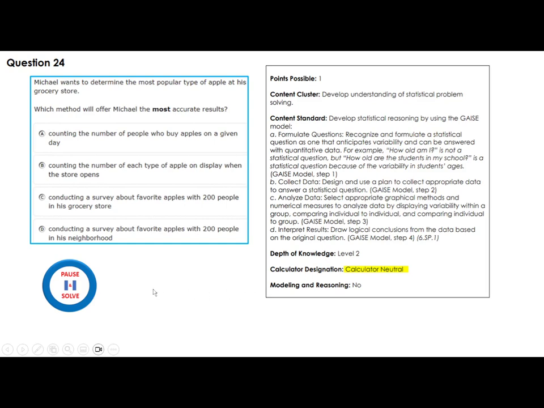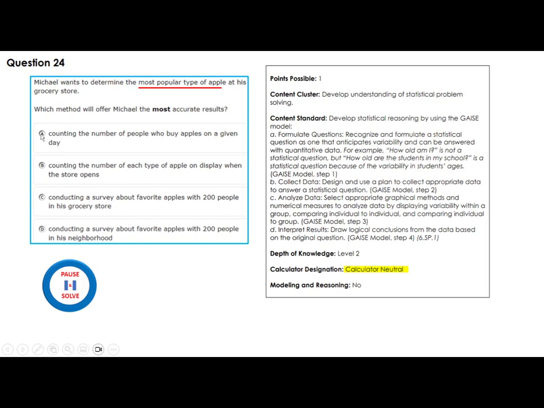Michael wants to determine the most popular type of apple at his grocery store. Which method will offer Michael the most accurate result? Counting the number of people who buy apples on the given day. That doesn't tell you the most popular, right?